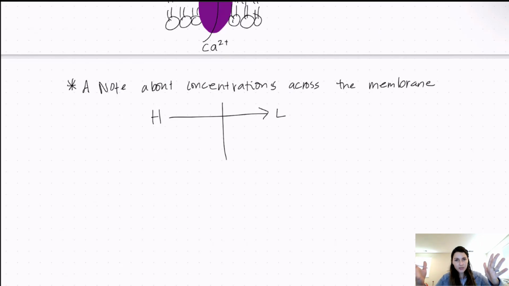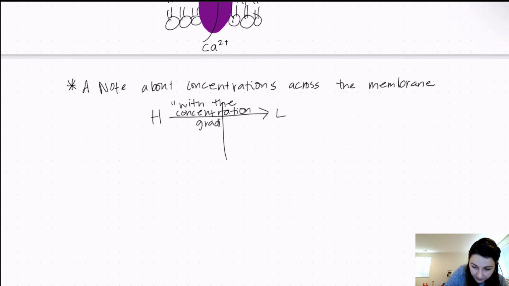A gradient is like a difference between two things, kind of fuzzy in the middle, like a sunset with colors changing into other colors. So when we go from high to low, that's with the concentration gradient. But when we go the opposite direction, from low to high, that's against the concentration gradient.